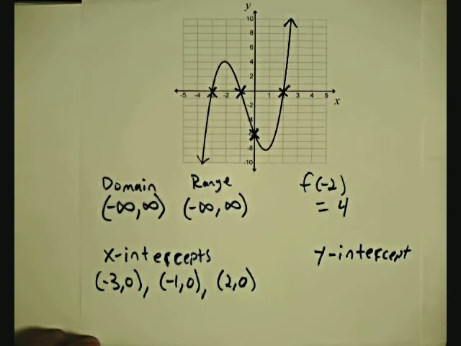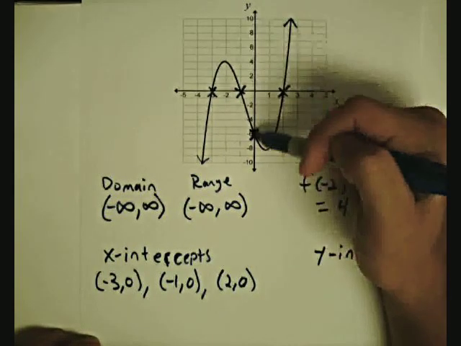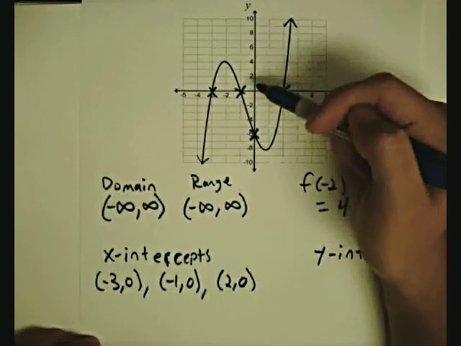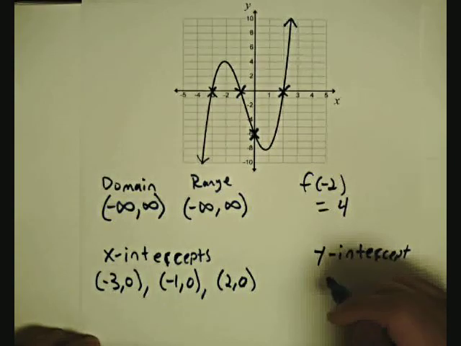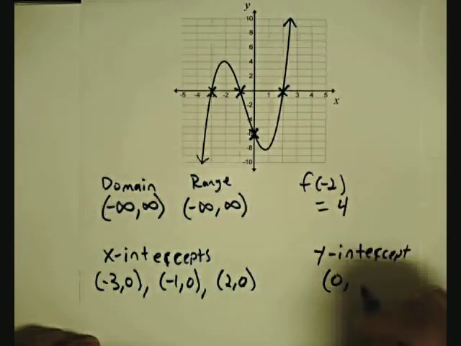So our y-intercept is -6, and just like x-intercepts, typically we write those in ordered pair format. If you're on the y-axis, that means you didn't move to the right or left any, and so your x-coordinate is 0. So the y-intercept in ordered pair format is (0, -6).